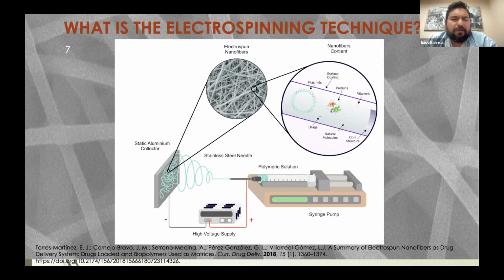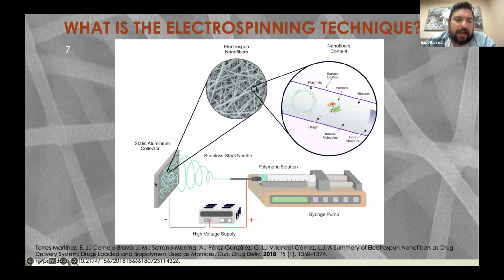We can use ethanol. We can use different kinds of organic solvents. And we prepare a polymeric solution. We put it in a syringe, and we locate the syringe in a syringe pump in order to control the release rate of the polymer solution.